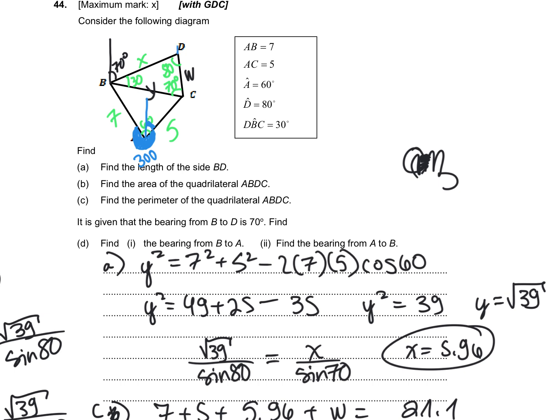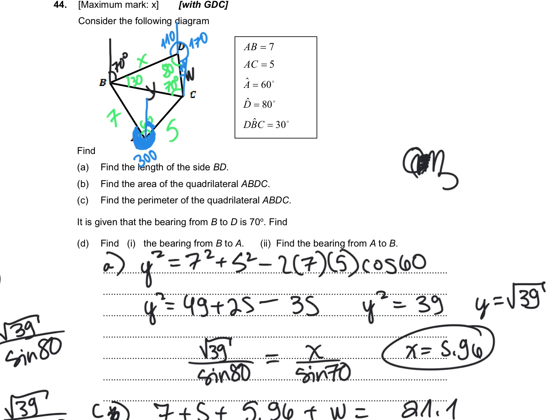So if we do some stuff, this is 110. And this here is going to be 170 because of a circle, which makes this little bit there 10 degrees, because all these are supplementary.